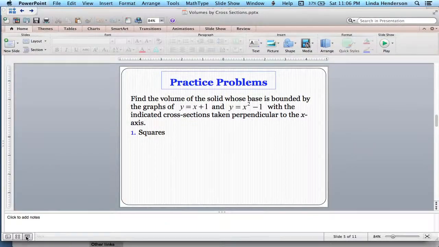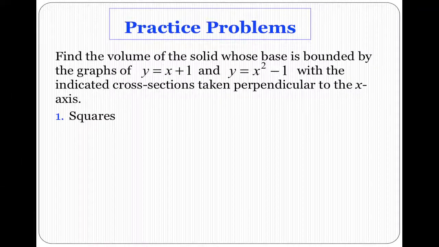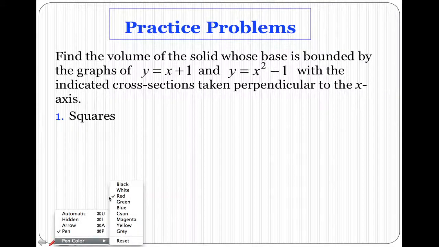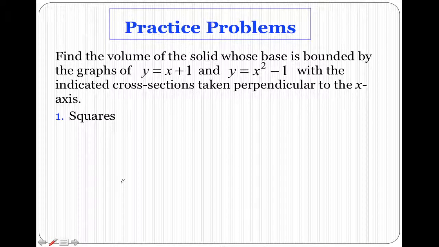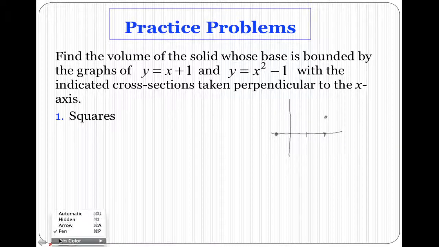All right, so if we take a look at the sketch really quick of this. Here's -1 over here. Here's 1 and here's 2 over here. They kind of intersected up here. It won't be the most perfect graph.